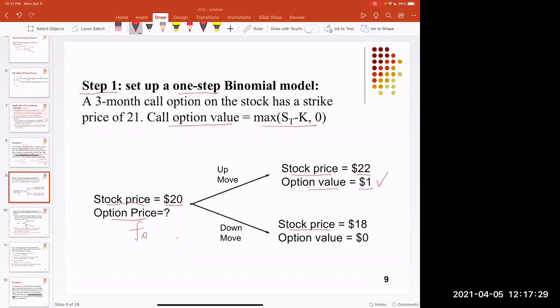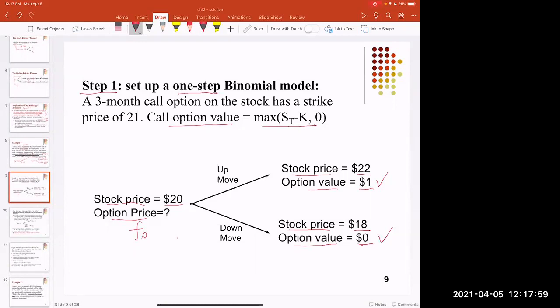And when stock price is going down, that's 18, and option value is 0. So that's the first step: set up a one-step binomial model for stock and option. You can combine them like a list like this, or you can do it separately for stock and option, like in the previous slides.